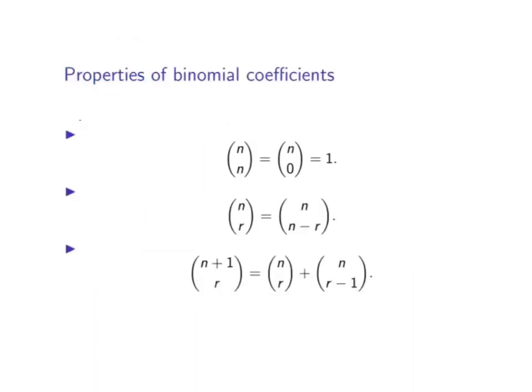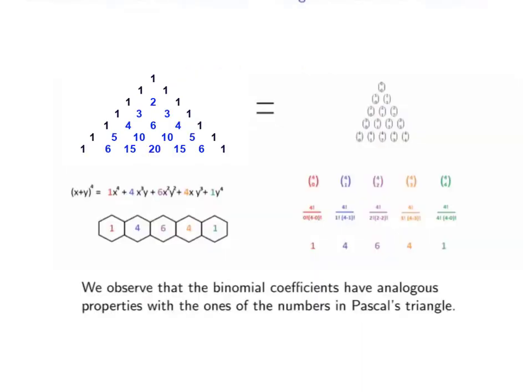We can summarize our findings so far. First, the value of n choose n equals the value of n choose 0, which is equal to 1. Point 2, the value of n choose r equals the value of n choose n minus r. Point 3, the value of n plus 1 choose r equals the sum of n choose r and n choose r minus 1.